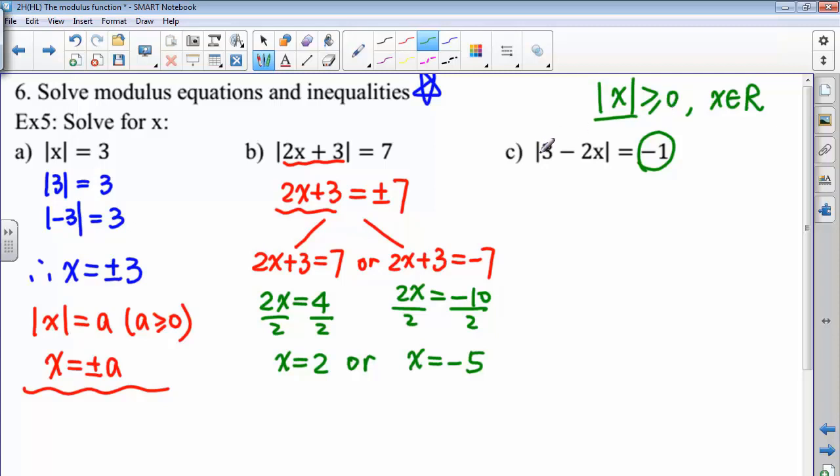But here the absolute value is negative, which suggests this equation has no solution. There's no way for us to find an x value such that this absolute value is equal to negative 1.